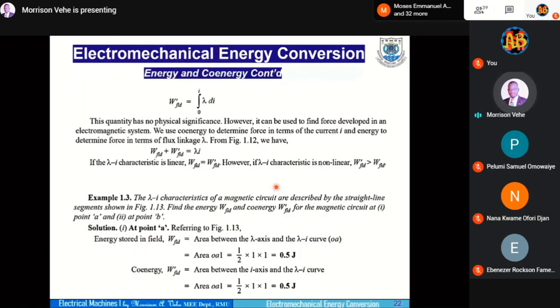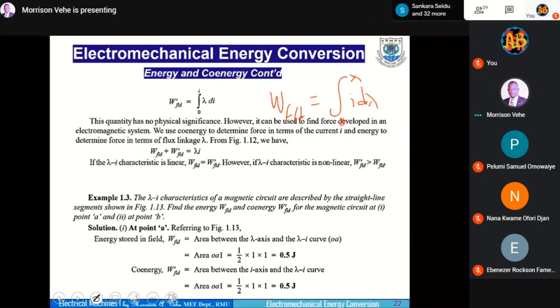If we integrate for energy and co-energy, it will be like this. Like we've seen earlier, for the field energy, it will be equal to the integral of i from 0 to a certain value of lambda, and the co-energy is the integral of lambda di.